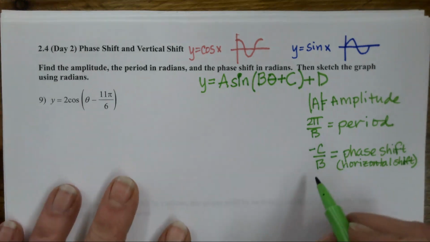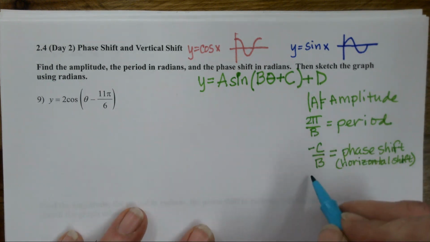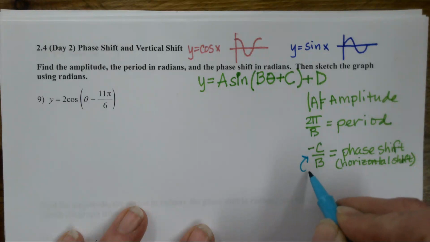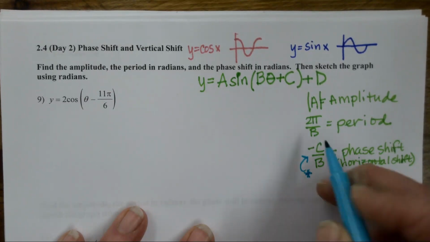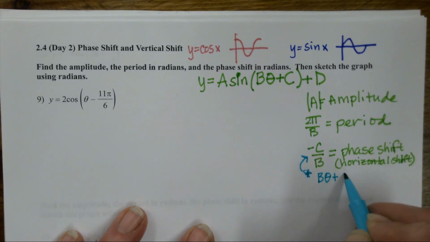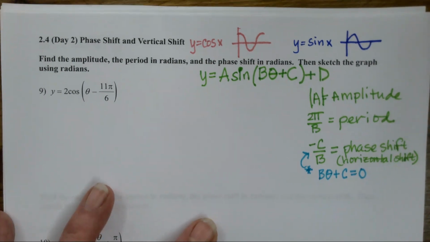Essentially, I'm just going to add that in a little bit of a different color here just so it stands out. We get this thing here by taking B theta plus C, setting it equal to 0, and then solving for theta.